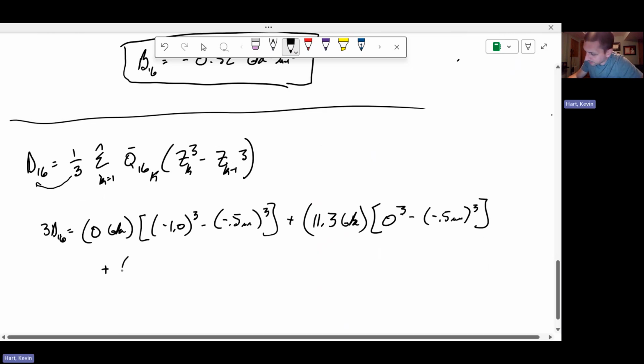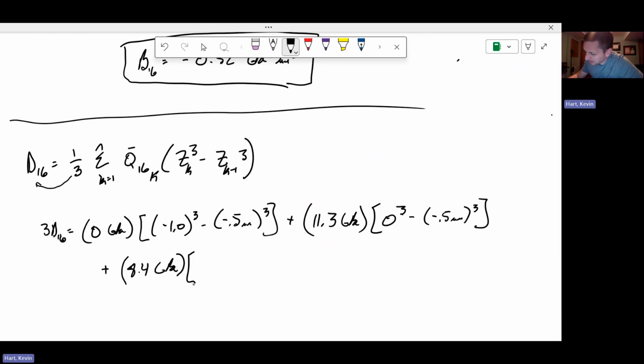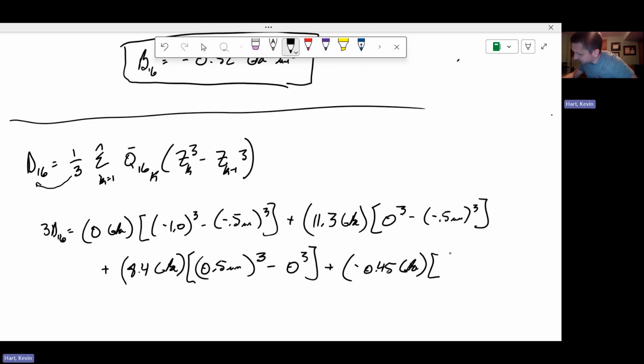Plus the 45-degree layer, here we have 8.4 GPa as the 16 entry for layer 3. We have Z3 cubed minus Z2 cubed. This is 0.5 millimeters cubed minus 0 cubed. Lastly, the top layer, negative 0.45 GPa times 1.0 millimeters cubed minus Z3 cubed, which is 0.5 millimeters cubed.